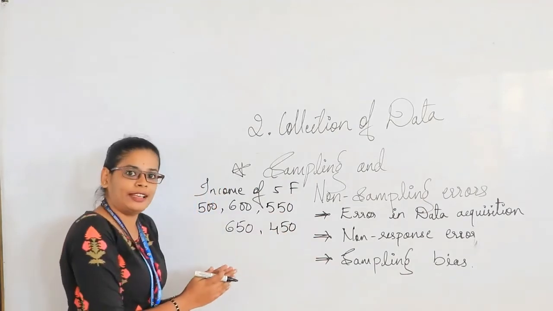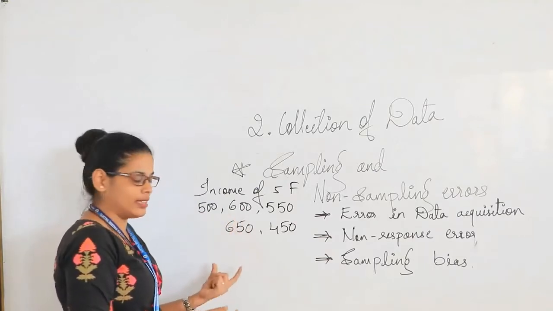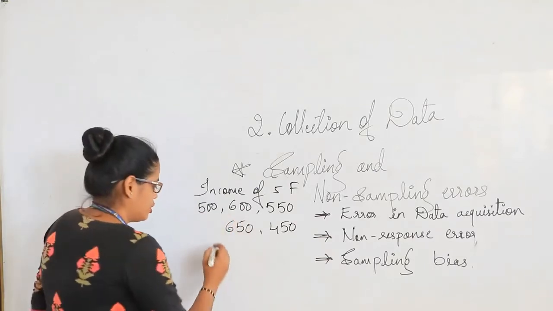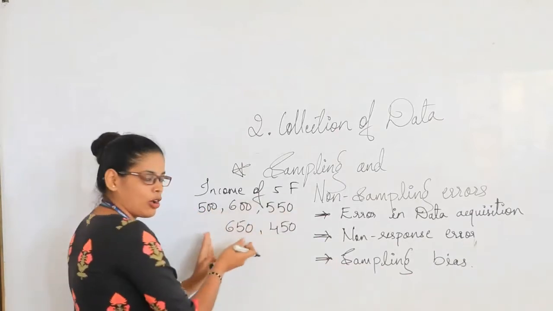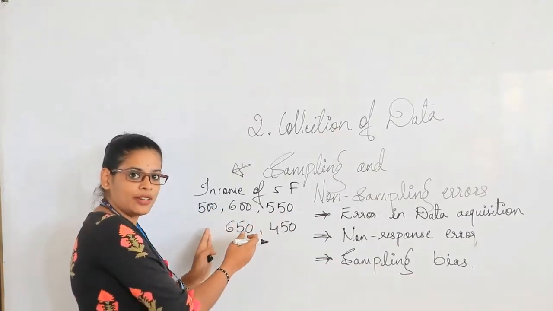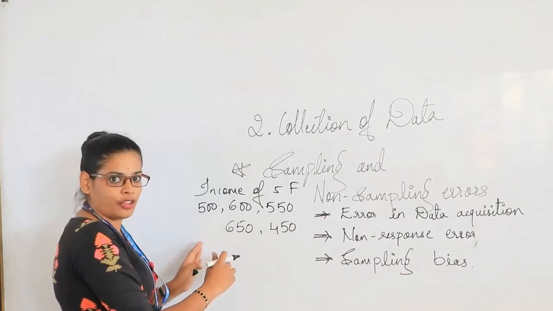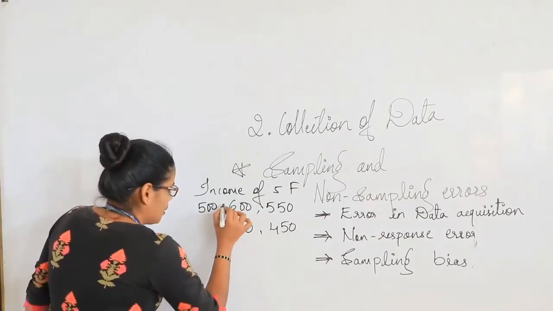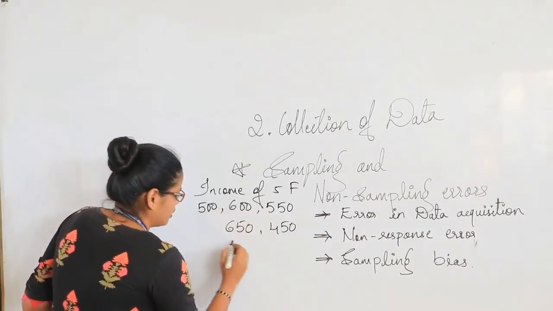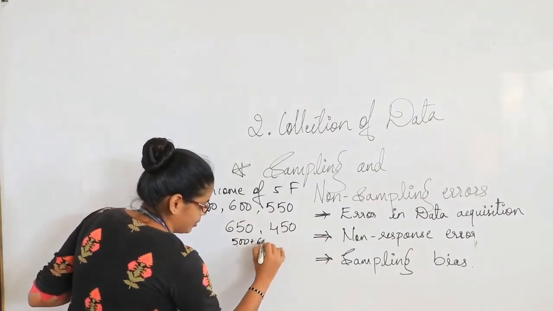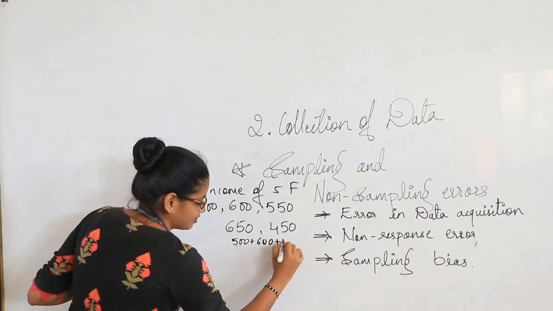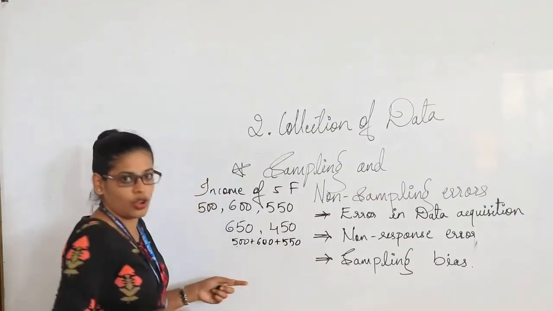Now if you calculate the average of this, what will be the average? You find the average by adding these all, the sum of the observations divided by the number of observations, right? So you add these all: 500 plus 600 plus 550, and so on.